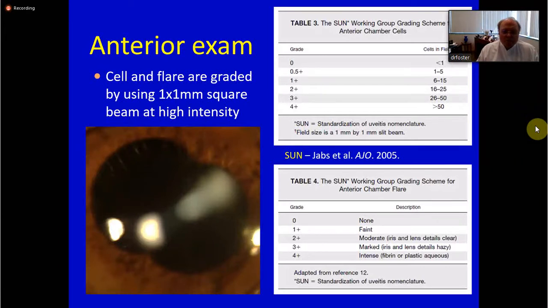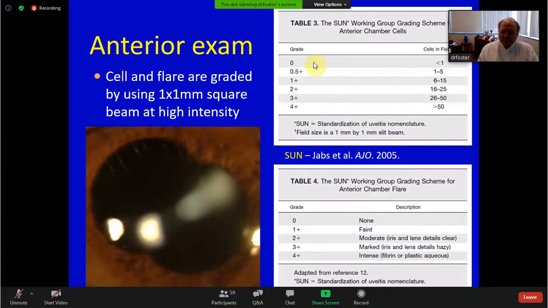You've seen this before. That's the SUN Working Group grading system for anterior chamber cells and for anterior chamber flare. Here you see synechiae already starting to form. And the assessment of the anterior chamber is done with a 1 by 1 millimeter square beam of light shot across the anterior chamber obliquely.